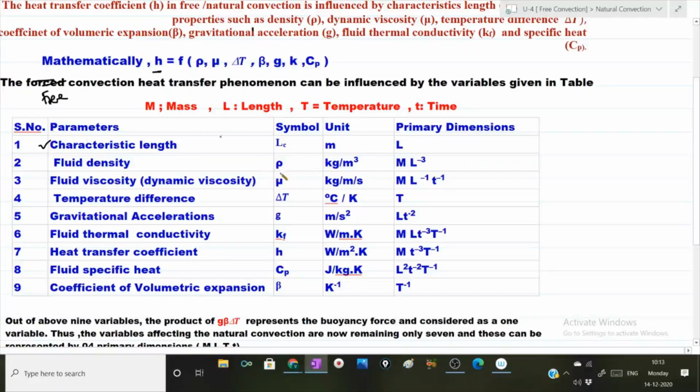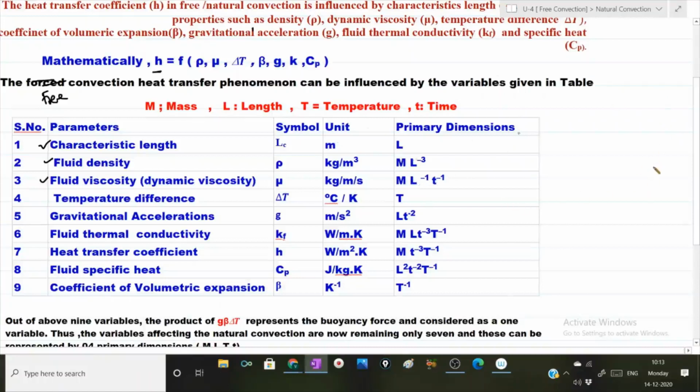Fluid density rho is expressed in kg per meter cube and its primary dimension is M L to the power minus 3. The third variable which affects the natural convection process, fluid viscosity, I am considering right now as dynamic viscosity mu. Its unit is kg per meter per second. It is also represented by Pascal second and its primary dimensions are M L minus 1 t minus 1.